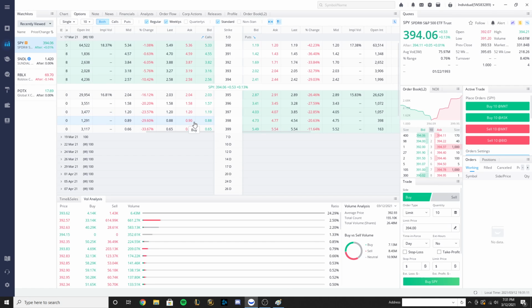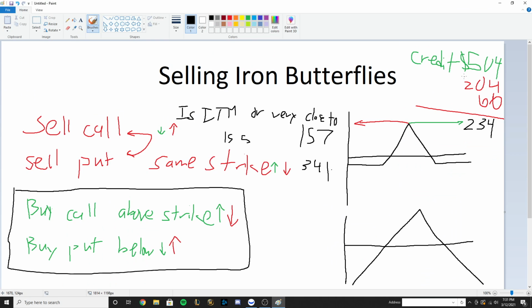So it would be cheaper. So you're buying these for cheaper. These costs would be cheaper. So basically what we've done now is we've increased the credit we're receiving and decreased the amount we're paying by properly timing the market, which in turn increases our profit and lowers our max loss as well.